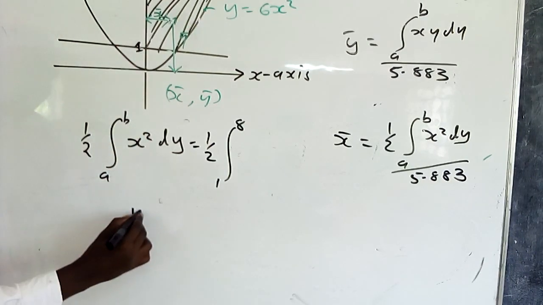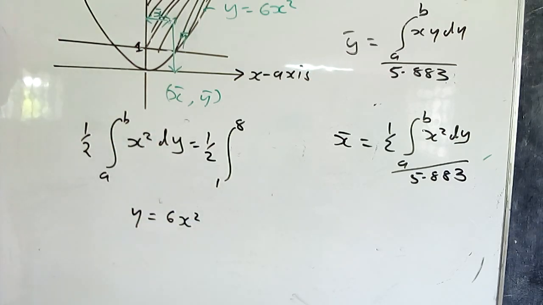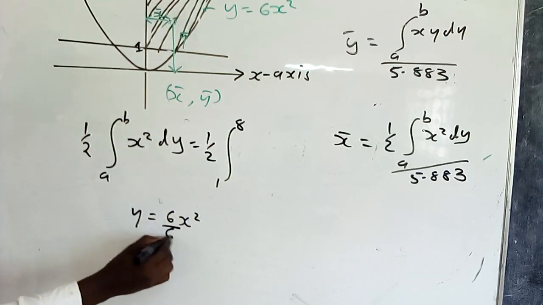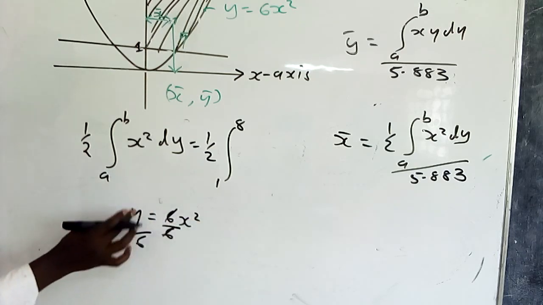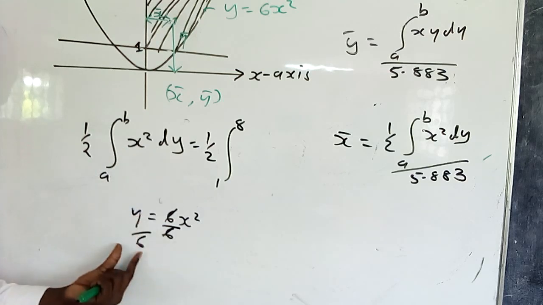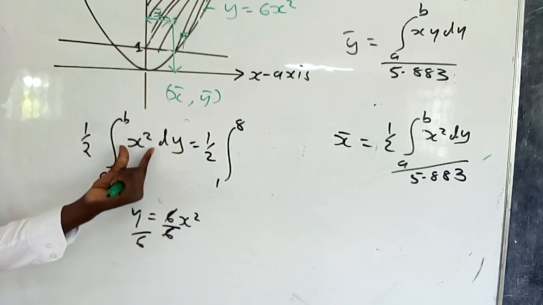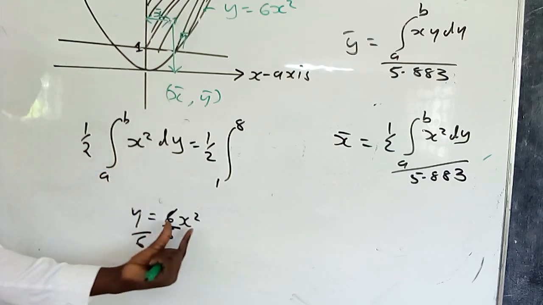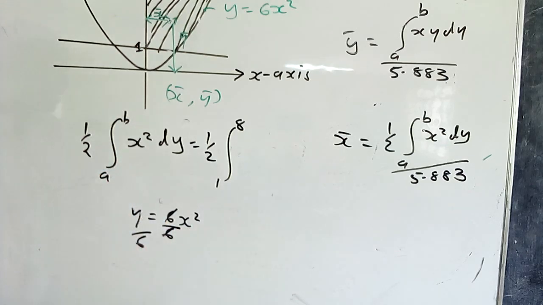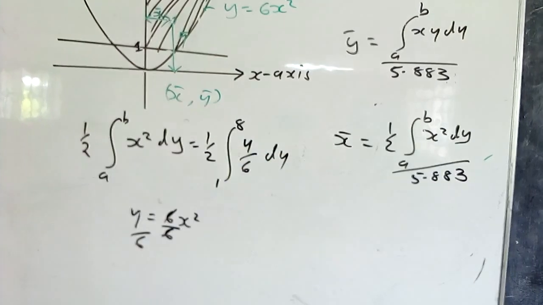Your function is y equals 6x squared, meaning you make x squared the subject. You divide both sides by 6, so you get x squared is y over 6, because we are integrating with respect to y. So that is y over 6 dy.